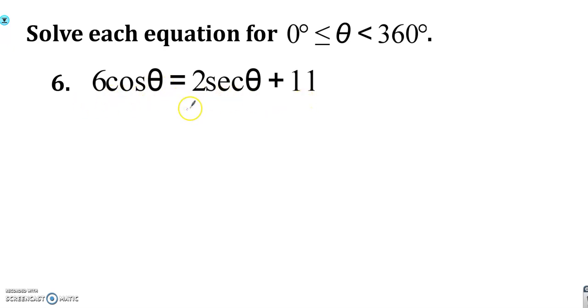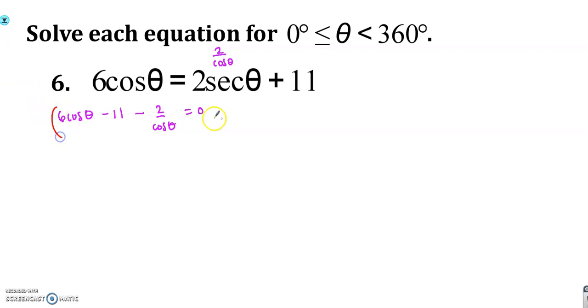So I've got 3 terms again, so it's going to be one that I have to factor. Okay. So before I do that, I'm going to set it equal to 0. Okay, so I'm going to subtract the 11, and I'm going to subtract this, but I'm going to go ahead and change this to 2 over cosine. Okay.